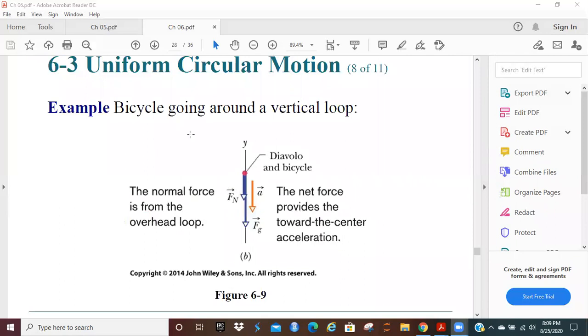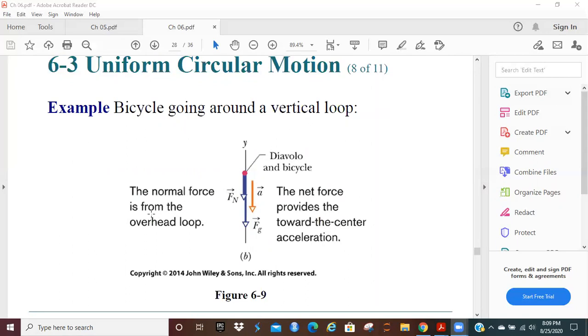All right, so here's another one. A bicycle is going around a vertical loop. So you've got Diavolo and the bicycle. Wish I had a better map than this.